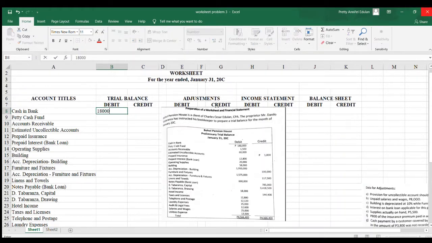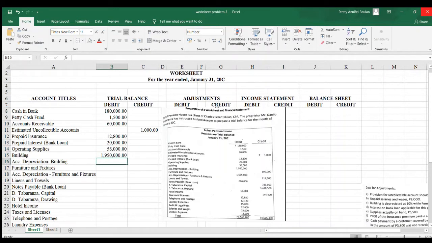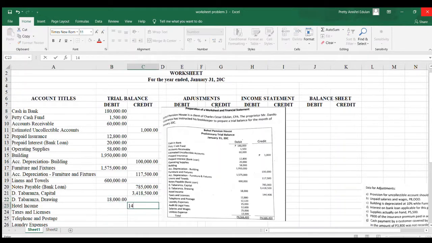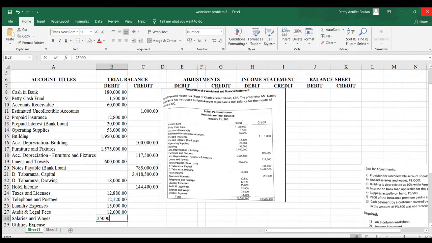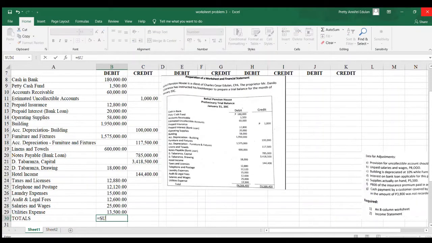So debit 180,60,000, credit 1,000, 12/8, 20,000, 58, 1950, credit 100,000, 1575, 117,500, 600,000, 785,000, 3,418,500, 18,000, 144,400, 12,880, 12,120, 15,000, 12,6, 25,000, 13,5. Then get the totals.